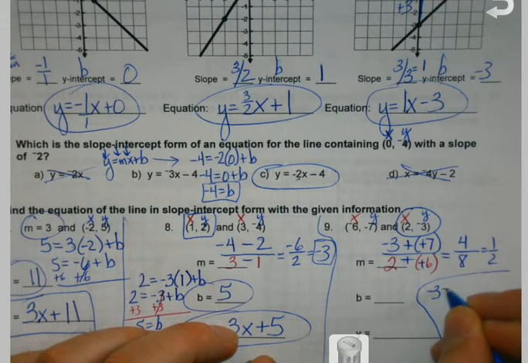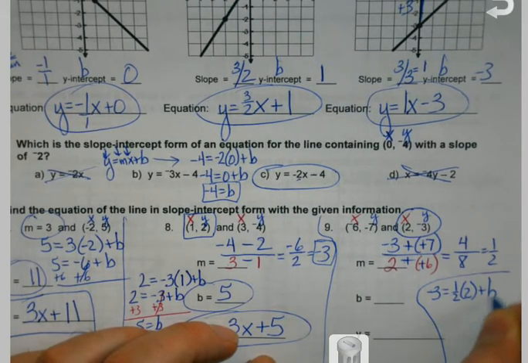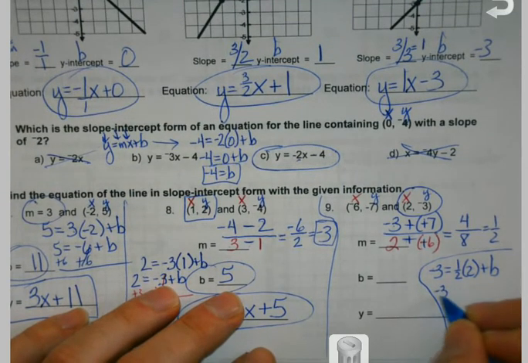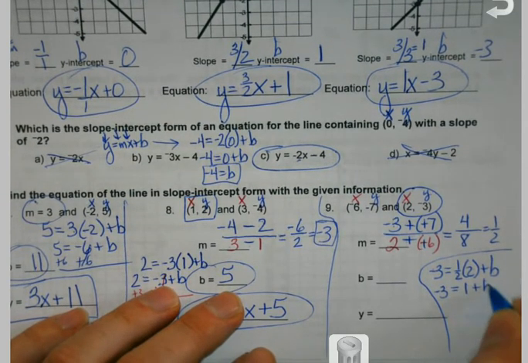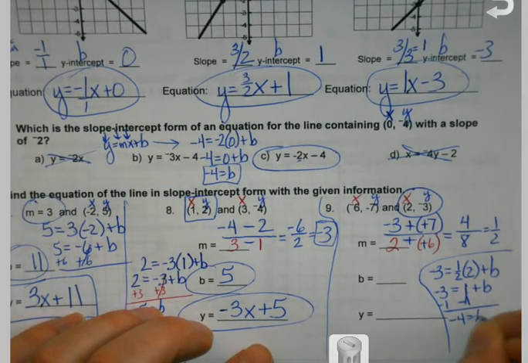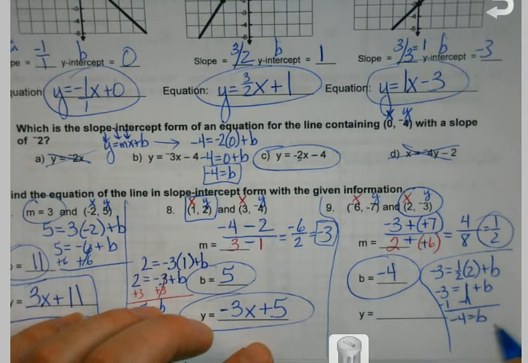So let's see here. Y equals mx plus b. Half of 2 is 1. And then just minus the 1 to get b alone. And now I'm ready.